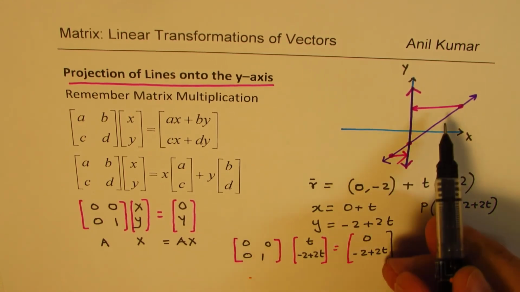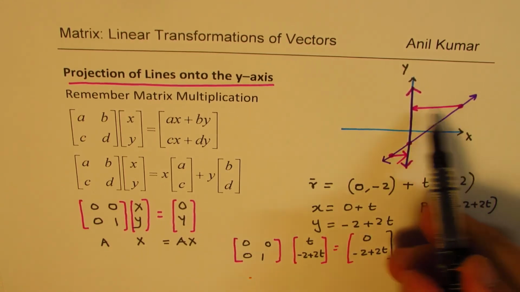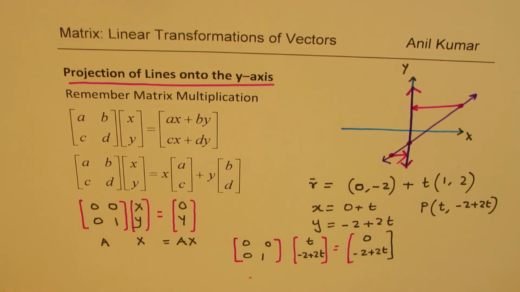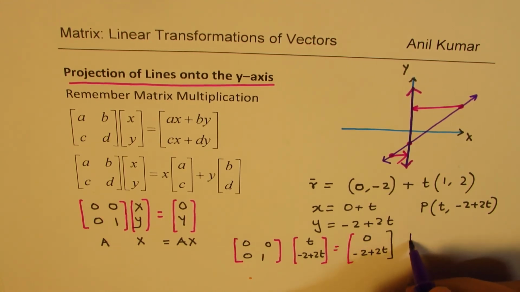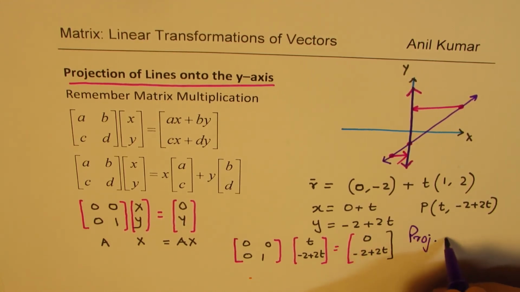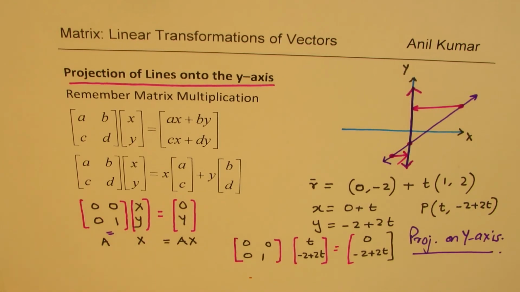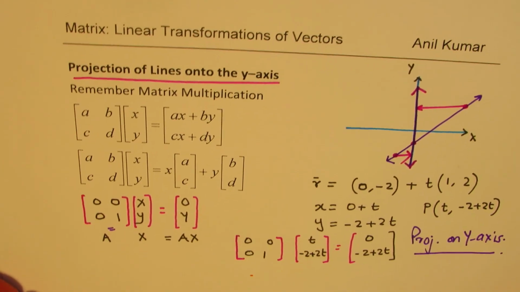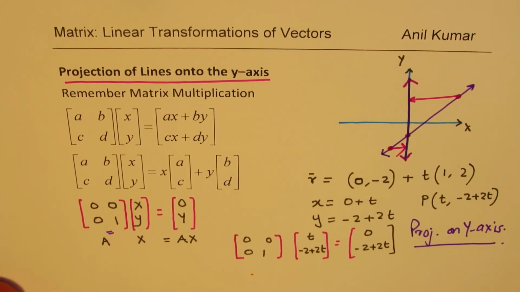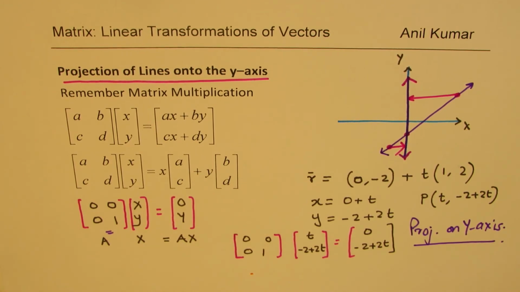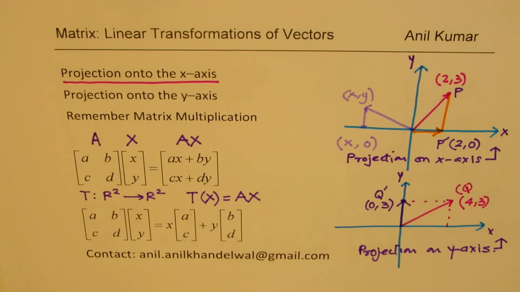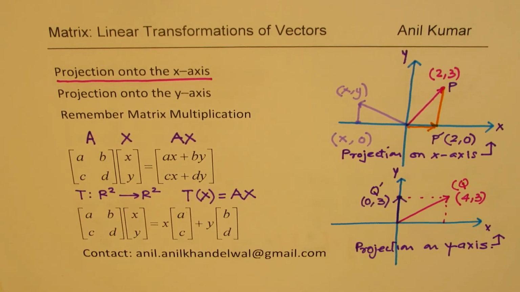So every point on the line is mapped on to the y-axis. So that is your projection on y-axis. Is that clear? So this 2 by 2 matrix can project a line segment onto the y-axis. So that is where we started with, correct?